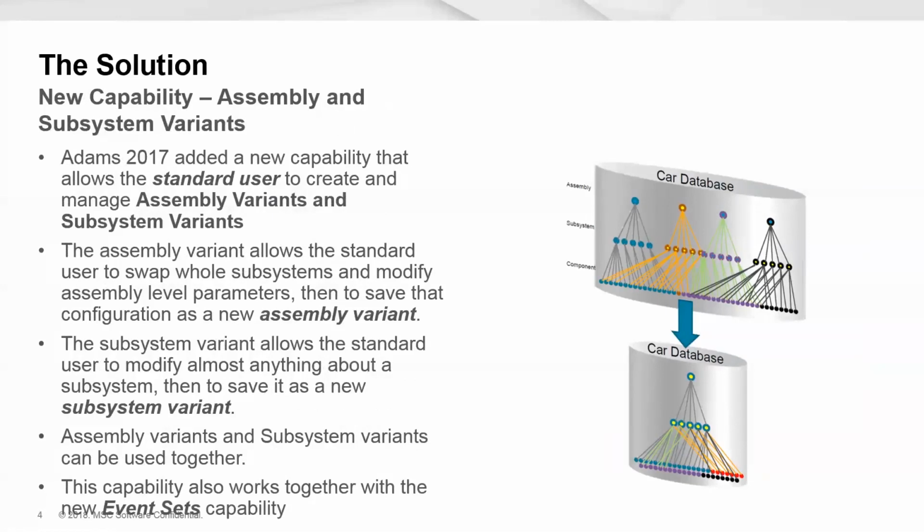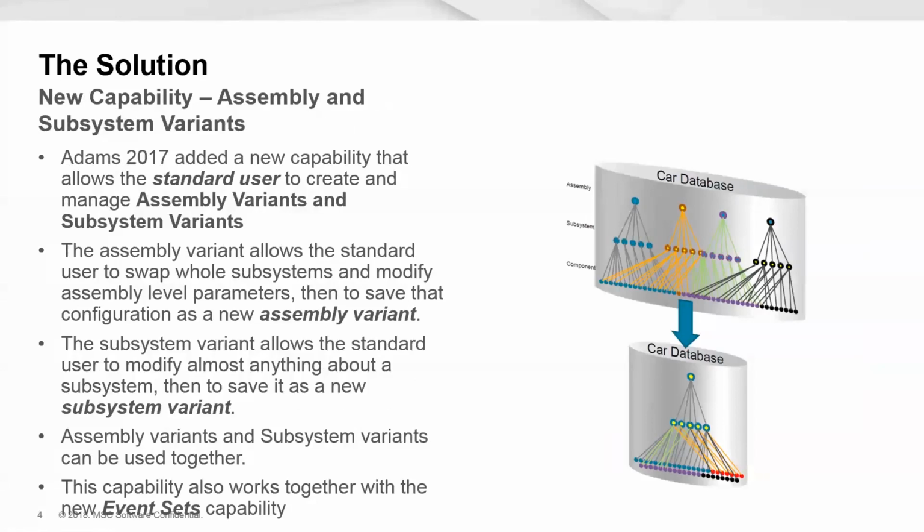The assembly variant allows the standard user to, for example, swap out entire subsystems or modify the parameters that exist at the assembly level to create a new assembly variant, and then to save that assembly variant in that modified configuration as part of the car database.